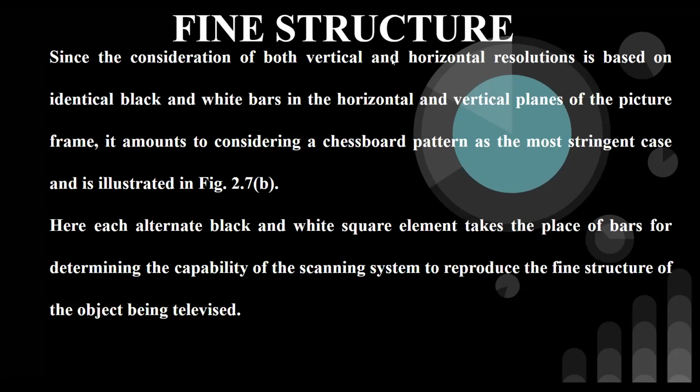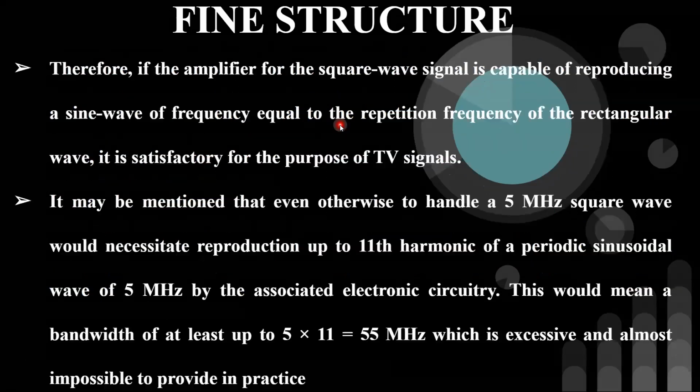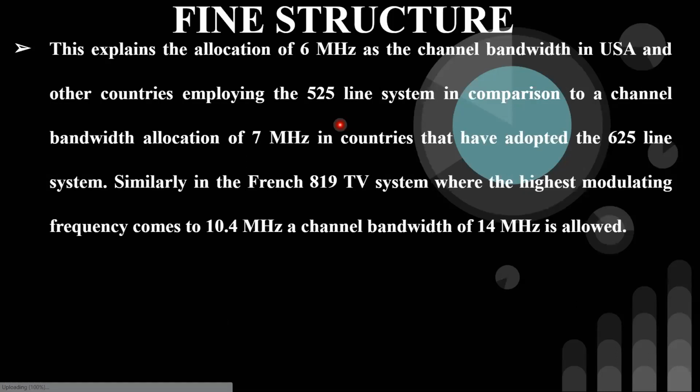So when considering sound signal transmission and other related factors, in the 525 line system the active number of lines is 485. It should be noted that the actual period of horizontal scan is 57 microseconds.